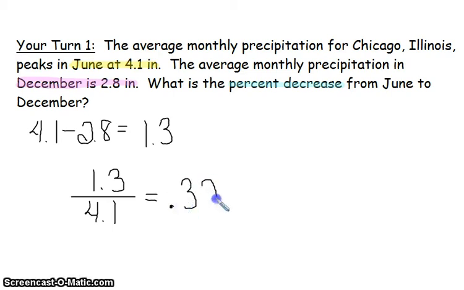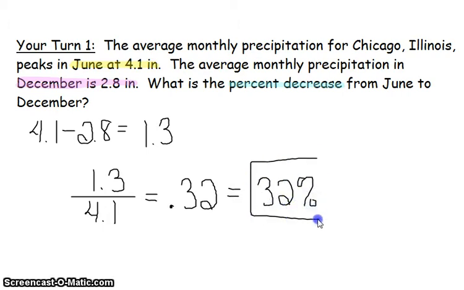Be careful with your rounding. 0.32. What is 0.32 as a percent? That is 32%. So the percent decrease from June to December is 32%.